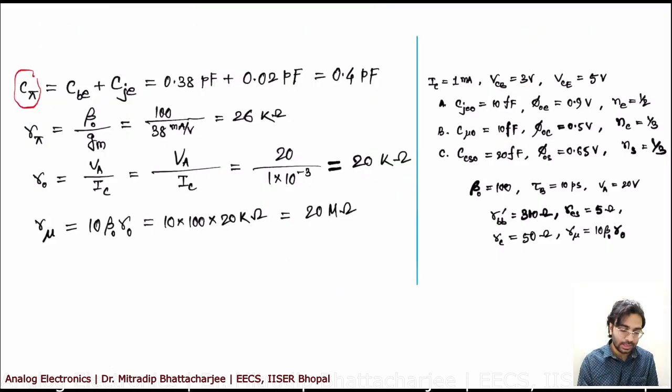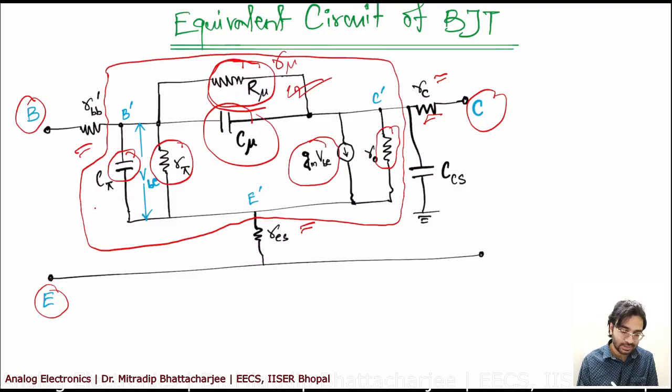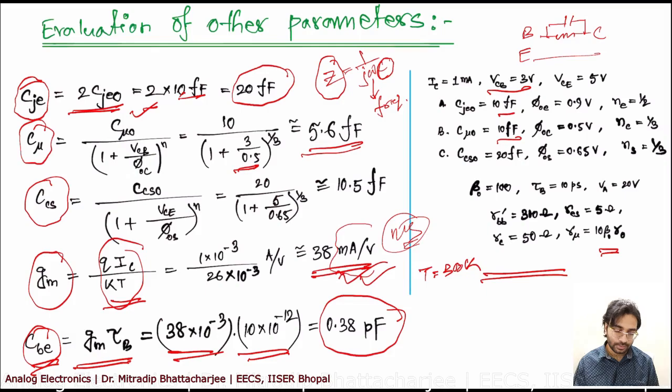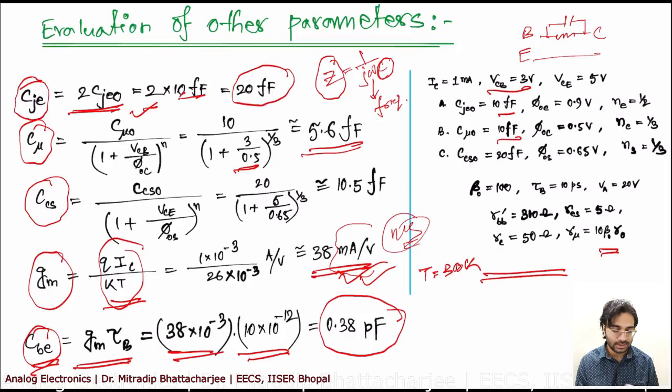Then you can calculate the input capacitance C pi. What is C pi? You can see in the circuit itself. If you look from this side, this is your C pi. So your C pi value is now the summation of CBE, which is also known as C pi dash, and CJE. So 0.38 picofarad is CBE.